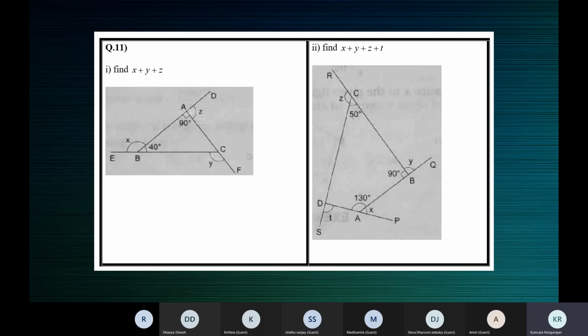Side CD is produced to S, ma'am. Okay, children. Very good. All right. So side AB is produced to Q. Side BC is produced to R. Side CD is produced to S, and side DA is produced to P.